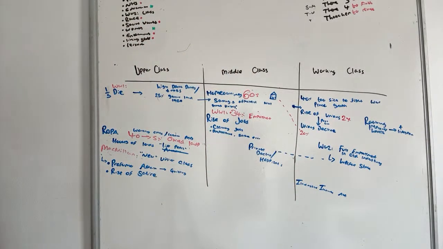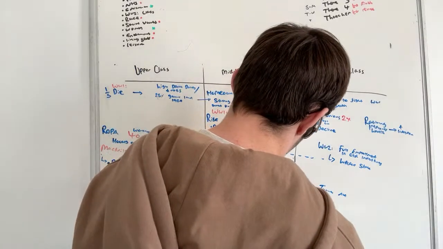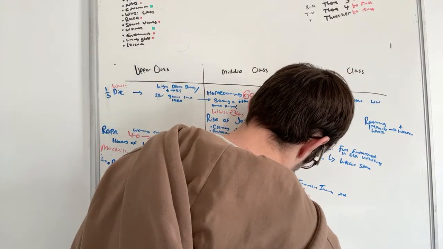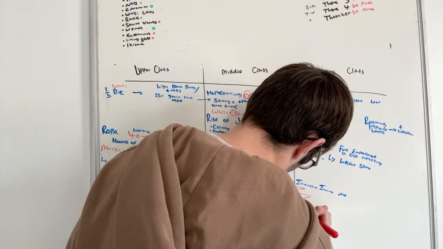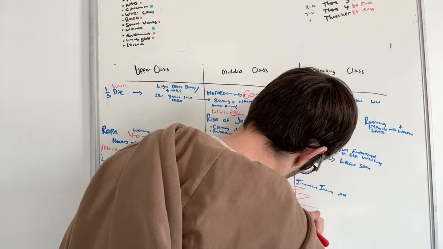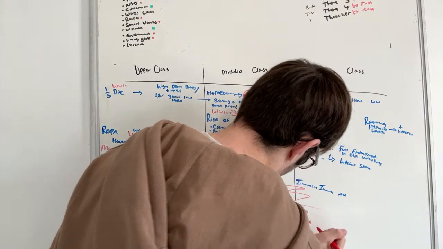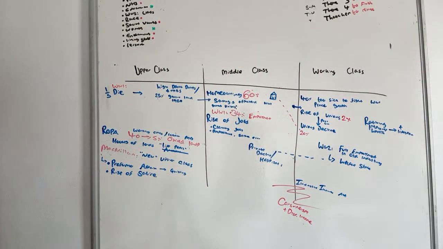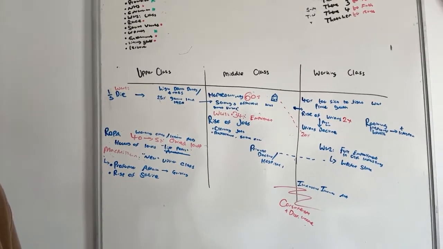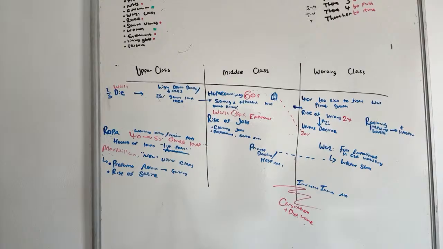Dissolution of class boundaries due to a consumerist society, and the growth of disposable income. So that is everything in terms of the changing class values, or changing of classes in general.